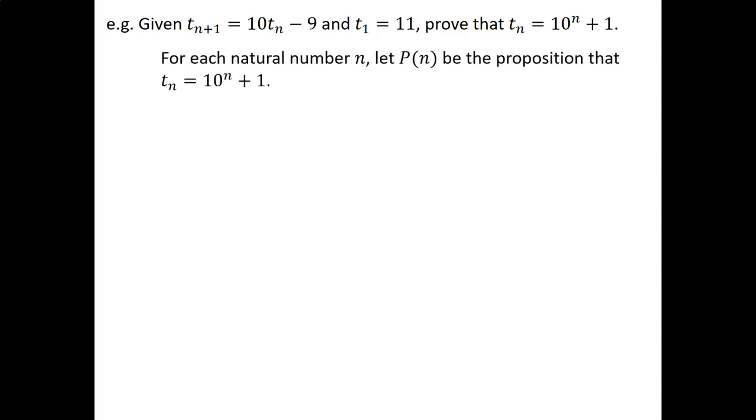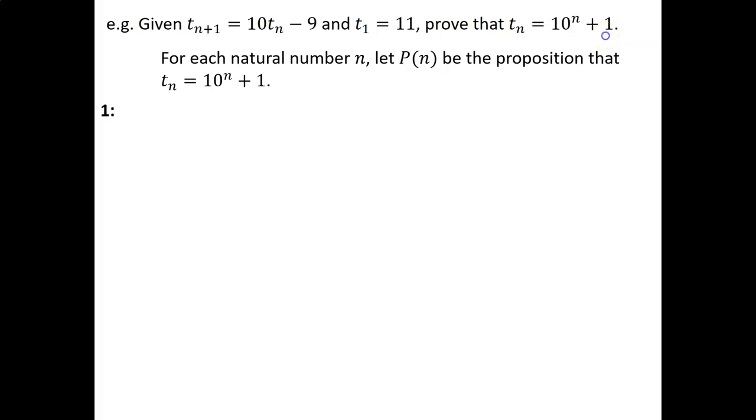Okay, next example, you can see here we've got a recurrence relation. So my 0th step, I seem to have lost my 0 here. For each natural number n, let P(n) be the proposition that T(n), so this is what I'm trying to prove, T(n) equals 10 to the power of n plus 1.